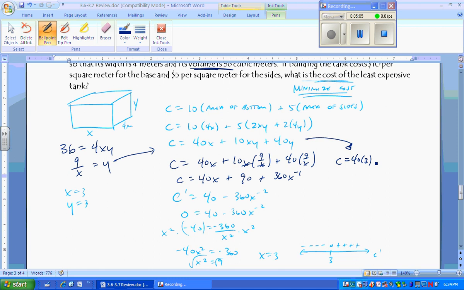So 40 times 3 plus 10 times 3 times 3 plus 40 times 3. So we get 120 plus 90 plus 120. So we get $330 will be our minimum.